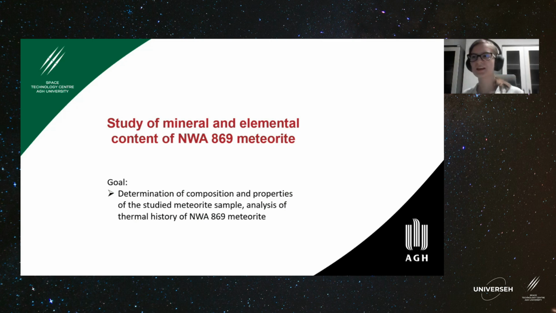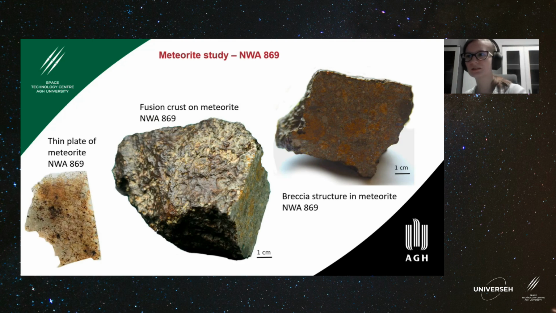And here is a brief example of what can be studied in the context of a meteorite, because a team that I am part of conducted a study of mineral and elemental content in a chondrite, the Northwest Africa 869 meteorite, and we wanted to determine the composition and properties of the studied meteorite sample.